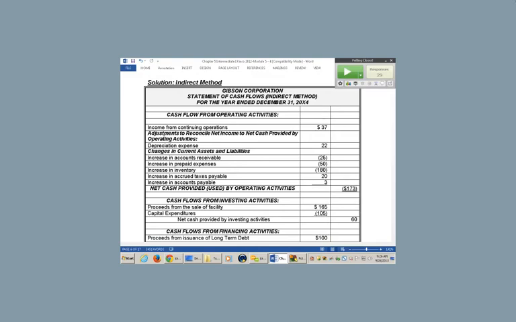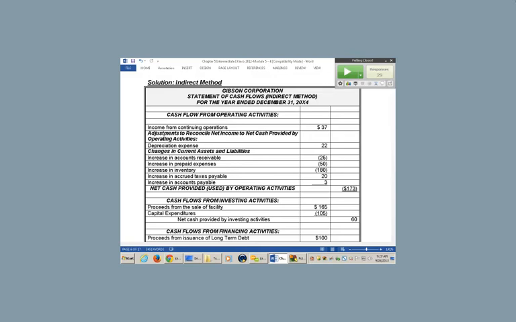Now, again, what I meant about gross changes, let me just make sure you understand the concept. On the operating activity section, you do not need to break out all of the changes in inventory. So I don't need to know how much inventory was purchased and how much inventory was sold. I just need the net change.